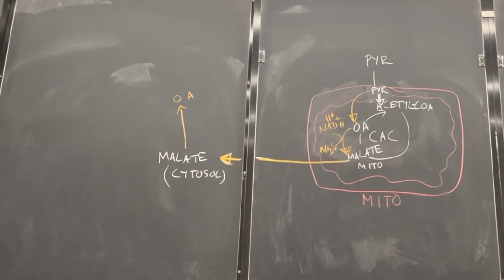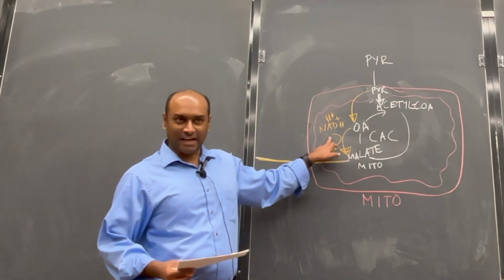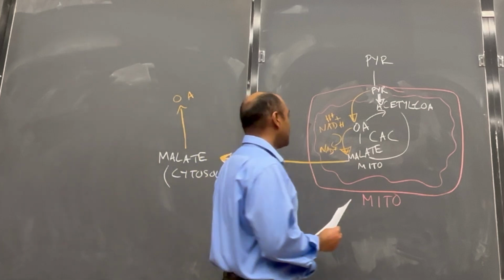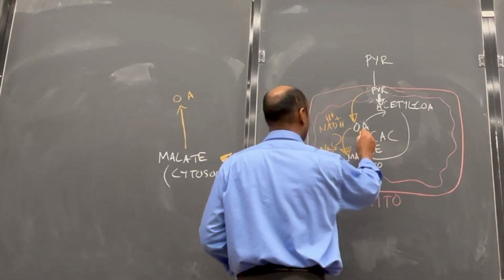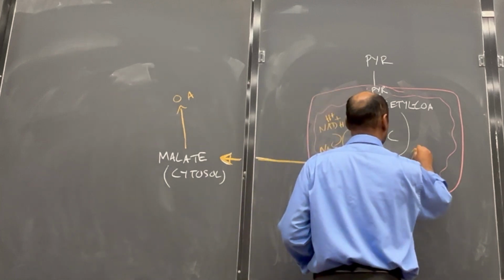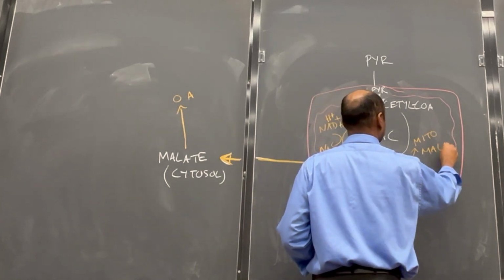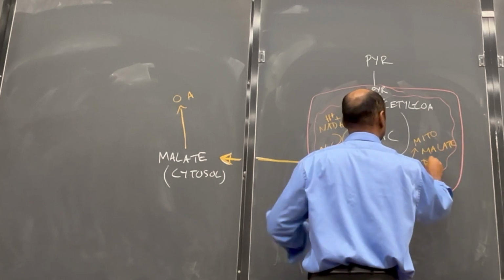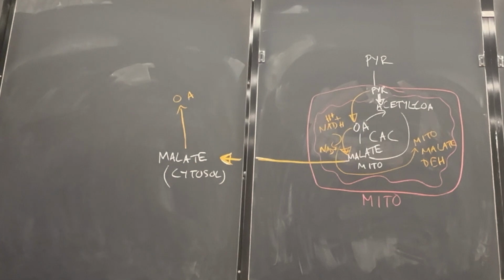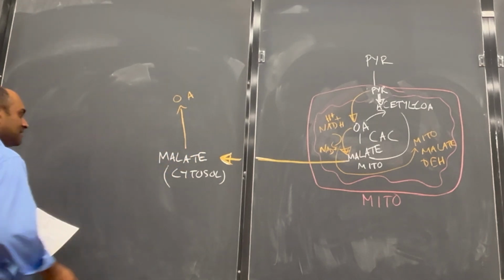Again, malate dehydrogenase. This was done by mitochondrial malate dehydrogenase, right? So here I will take a note that this step is done by mito malate dehydrogenase, right? But that enzyme pool is kept separate from cytosolic malate dehydrogenase.